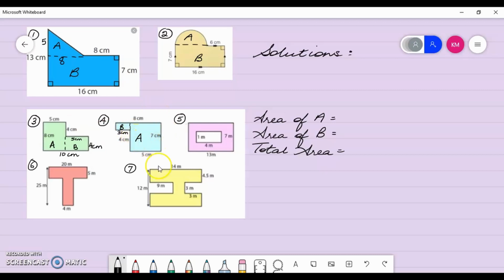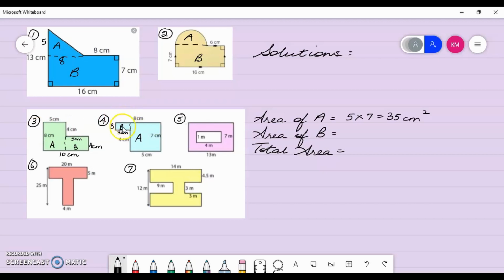Let's compare vertical distances now. This here is 7 and this one here is 4. So it should tell me that that little part there is going to be 3. Area of A is going to be 5 by 7, and that is going to be 35 centimeters squared.